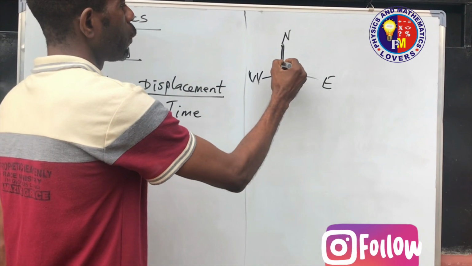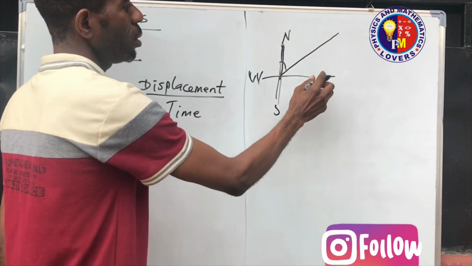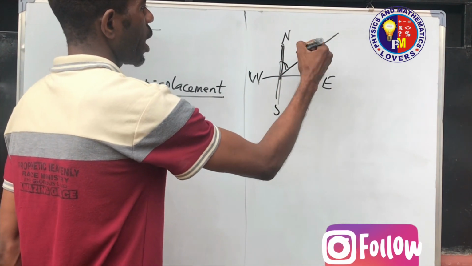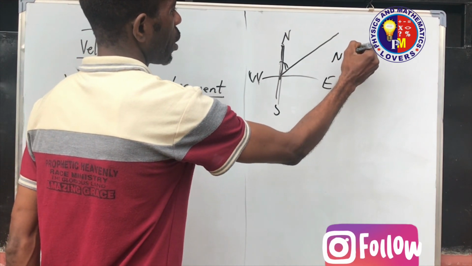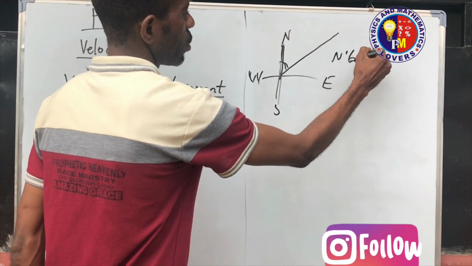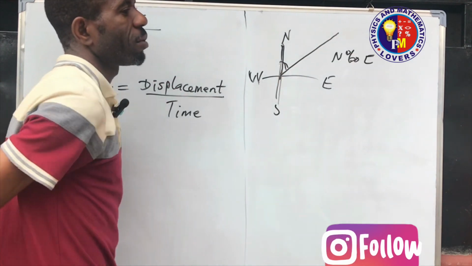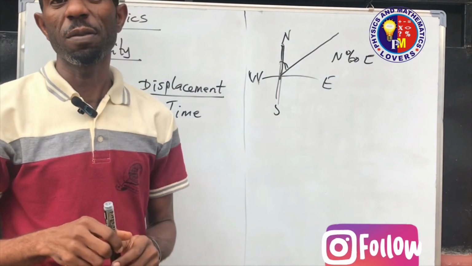It can decide to move from the north, and when it gets to this place, it will change direction and fly towards the northeast. So it will move at an angle, and this angle is denoted as, let's say, north 45 degrees or 60 degrees east. So this particular distance that is measured in a specific direction is called displacement.